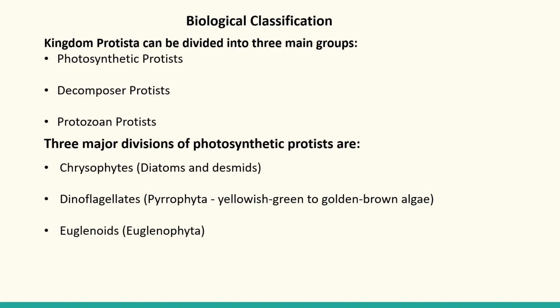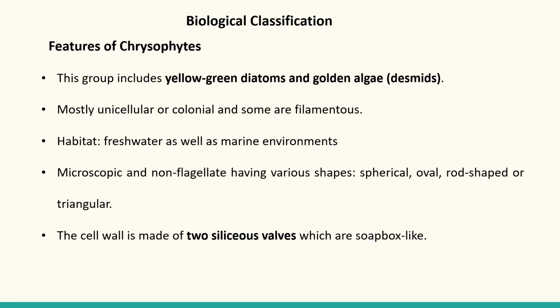Now the photosynthetic protists can be divided into three different types. The first one is chrysophytes, or the diatoms and desmids. The second one is dinoflagellates, and the third one is Euglena. So we will discuss one by one about the three major divisions of the photosynthetic protists.